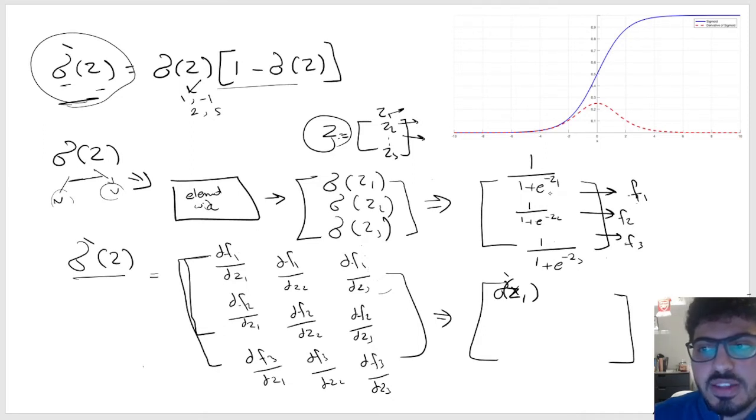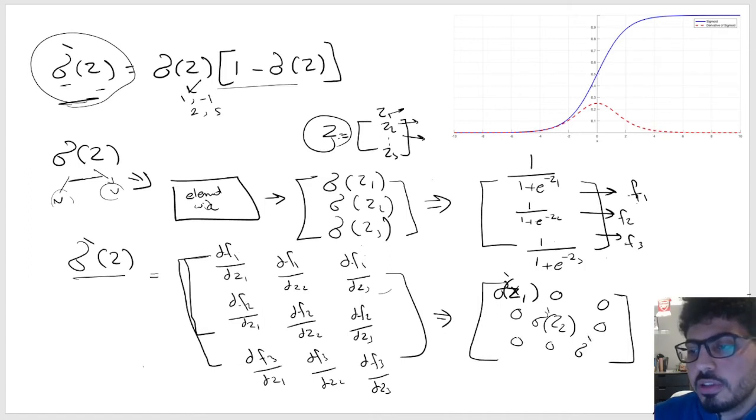Again, there is no Z3 element in this equation, so these will be 0 and 0. If we look at F2, what's the derivative of F2 with respect to Z1? Again, there isn't any Z1 element here, so this would be 0. The derivative of F2 with respect to Z2 will be the derivative of the sigmoid function at Z2, and F2 with respect to Z3 will be 0, and again 0, 0, and the derivative of the sigmoid function at Z3. So this is very interesting.